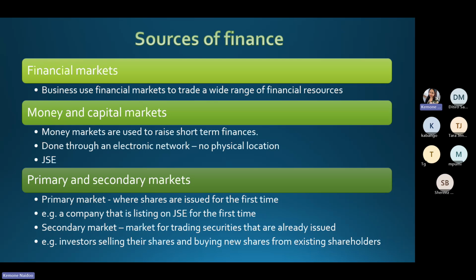We can look into money and capital markets, where your capital market is where you sell shares, so your JSE. And then you can also look at primary and secondary markets, which is also a market of selling shares. You're looking at investors selling their shares and also buying shares. And this is all sources of money for a business. So when you sell your shares, for example, it is money coming into the business.